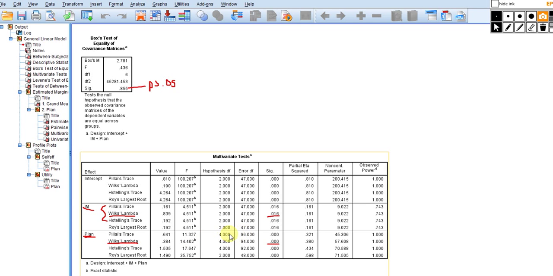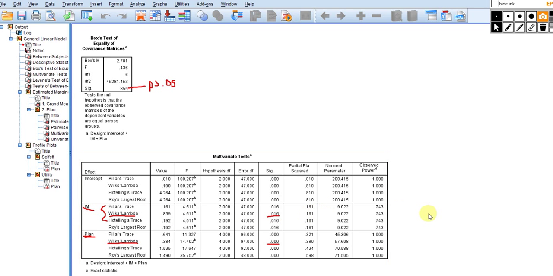So at any rate, if I'm interpreting these results, I would say, yes, there seems to be a significant predictive relationship between the covariate, intrinsic motivation, and scores on the dependent variables. And there also seems to be significant between-group differences on plan on the set of dependent variables after controlling for intrinsic motivation.